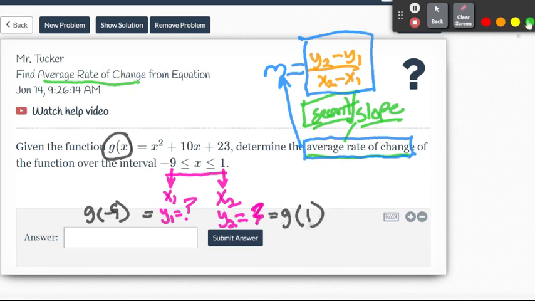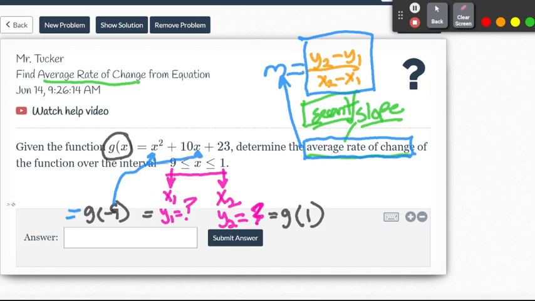Once we find out what those values are, then we just use the secant slope formula, the regular slope formula, y2 minus y1 over x2 minus x1. So let's find g of -9. You can use a calculator to do it, whichever way you want to work that. But g of -9 means you plug in -9 for x in these two locations, wherever the x's would be in your function.